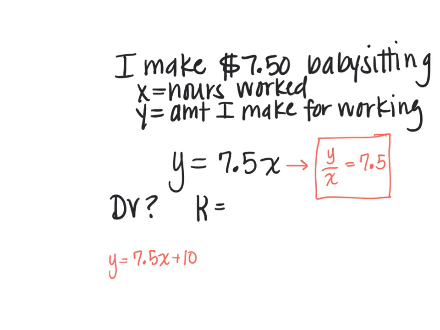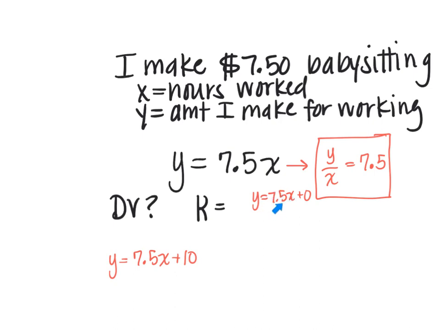Here, I start at 0 because it's Y equals 7.50X plus 0. So I start at home base at 0, and then the increase in Y is 7.50 for every hour. The increase in the amount that I earn is 7.50 for every hour.